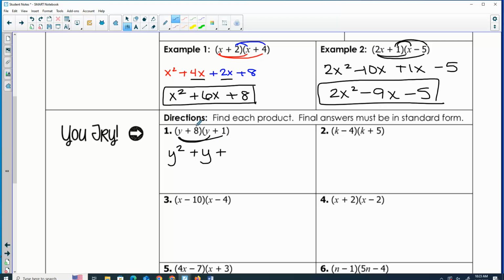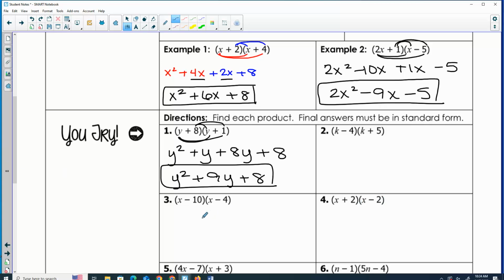Inside, Esther, what's 8 times y? 8y. Holden, last, 8 times 1. 8. And then Gabe, combine like terms, and we get? Y squared plus 9y plus 8. Okay.